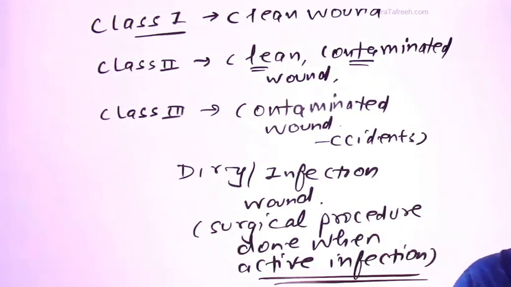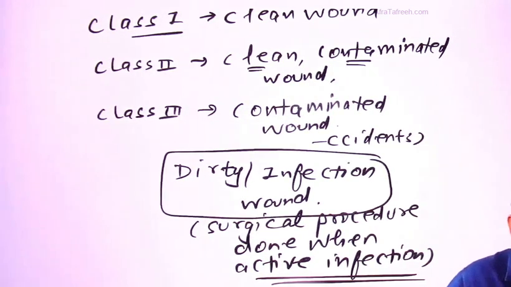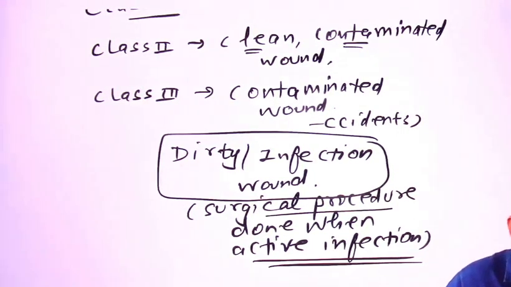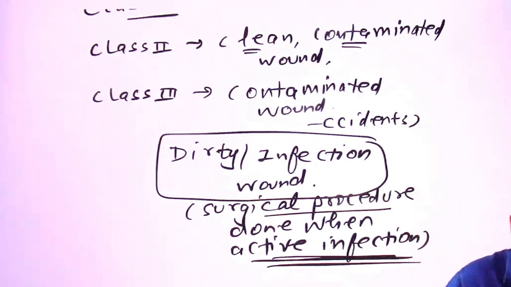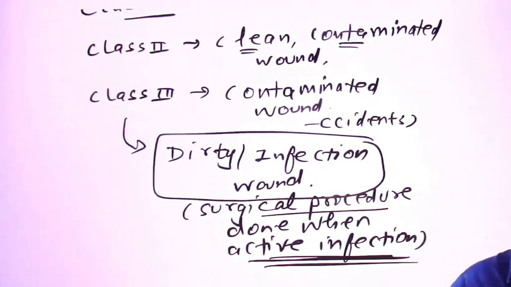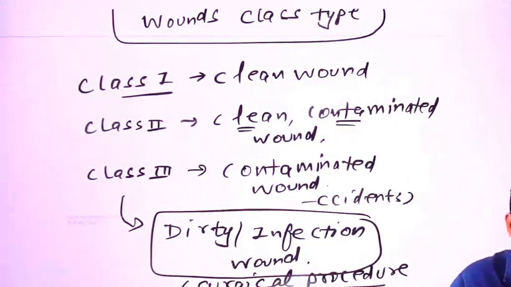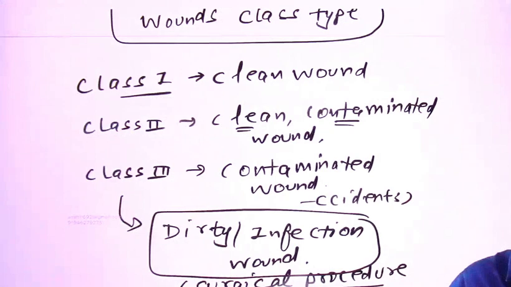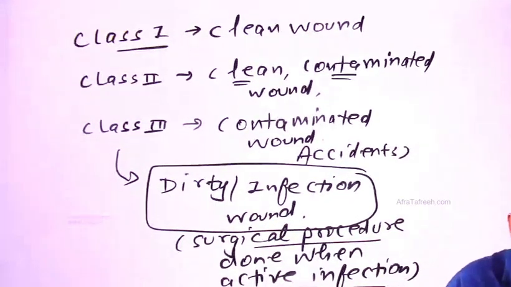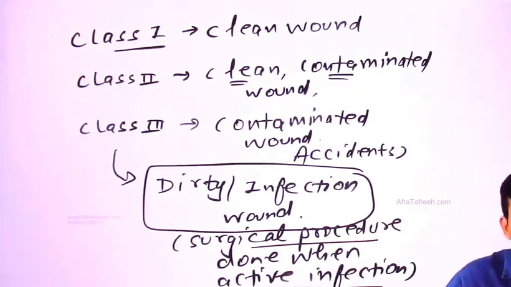Dirty or infected wound, you call it, meaning the particular site where active infection was already there and you have done the surgery. This also comes in class 3. Again, I am telling: class 1 is a clean wound, class 2 is a clean contaminated wound, class 3 is a contaminated one, mostly accident related, and another one is a dirty infected wound. That happens when active infection is already there and you have done the surgery at that particular site.